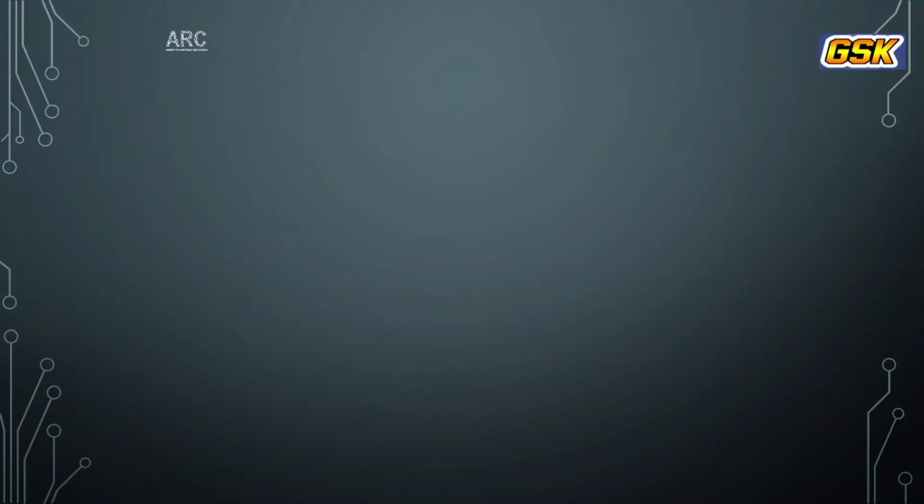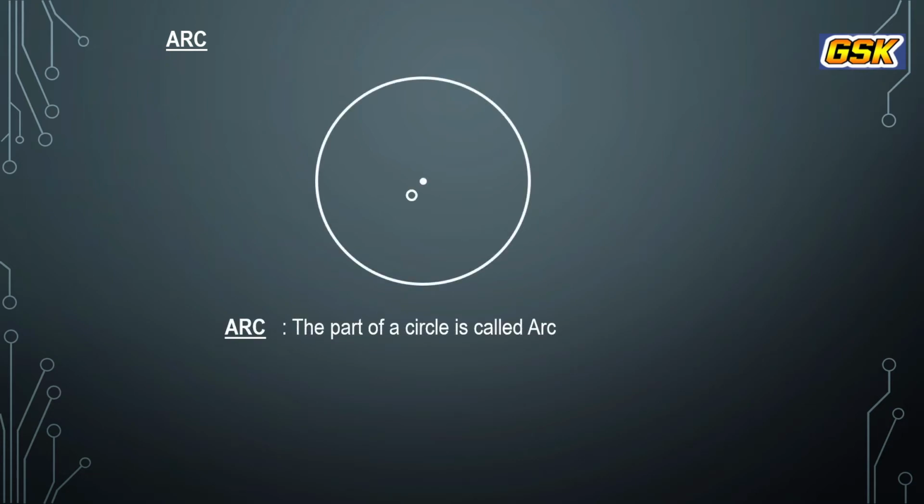Next, arc. The part of a circle is called arc. Let us draw a circle. So let us take 2 points and join these two. So it is a part of a circle. The red portion is a part of a circle and we call it as arc.